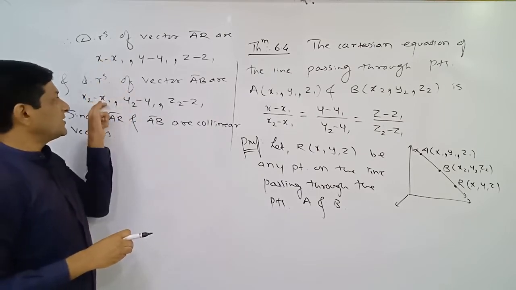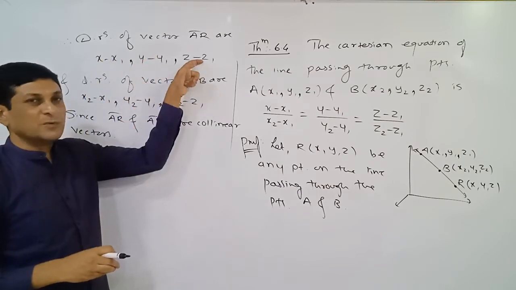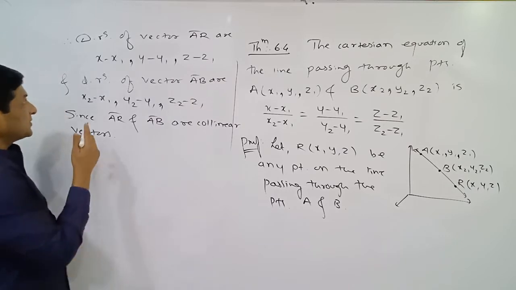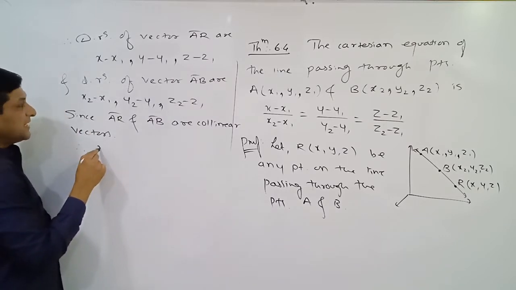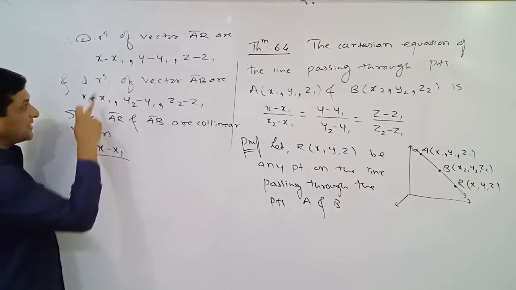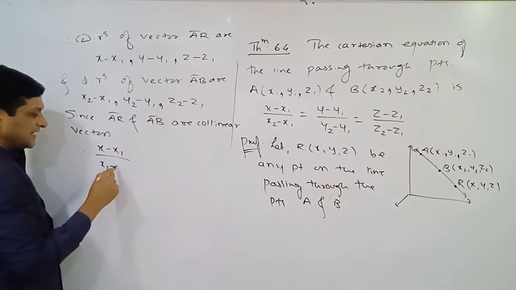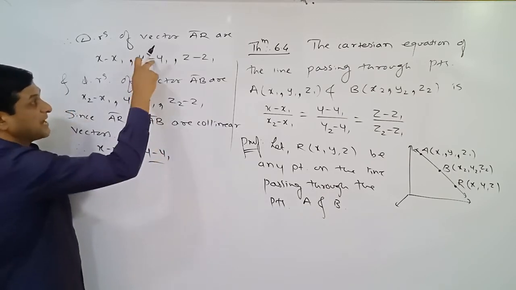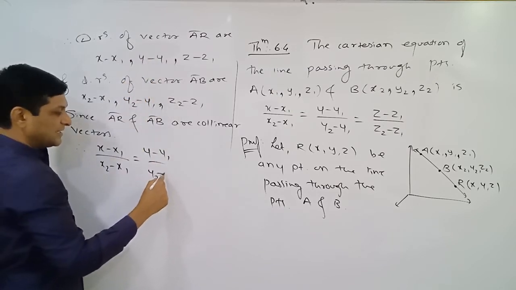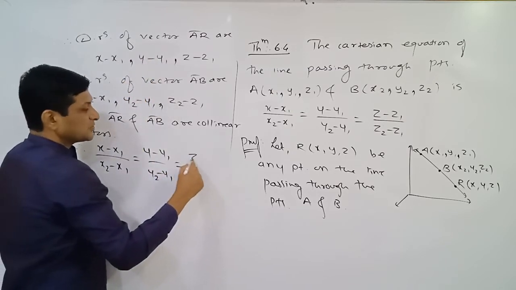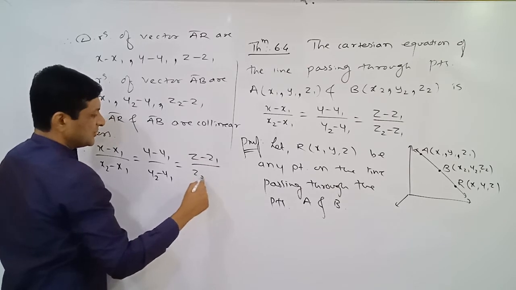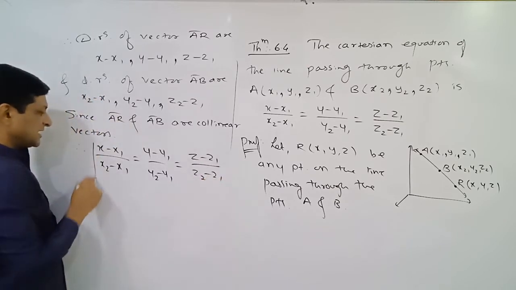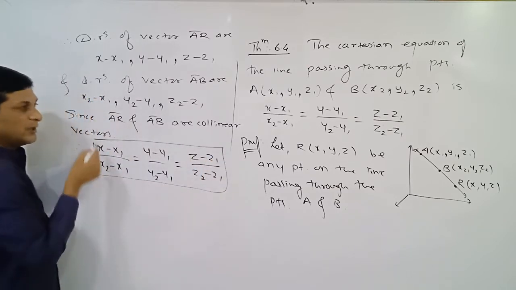That a1 upon a2 is equal to b1 upon b2 is equal to c1 upon c2. So here we can say that therefore (x minus x1) upon (x2 minus x1) is equal to (y minus y1) upon (y2 minus y1) is equal to (z minus z1) upon (z2 minus z1), because these are nothing but the direction ratios of two collinear vectors.